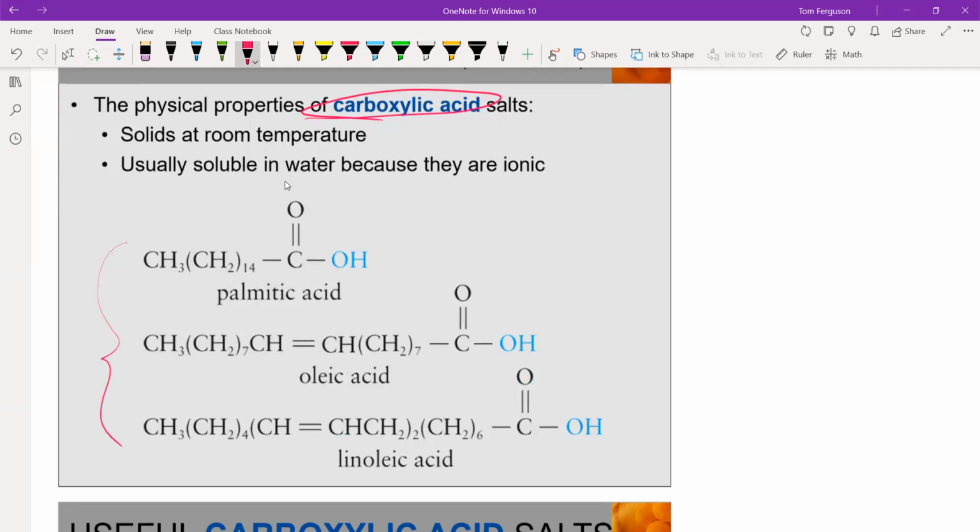There's a series of them. These are all very important from a biological perspective. These all participate in phospholipid membranes.